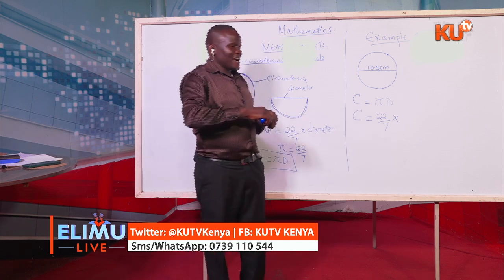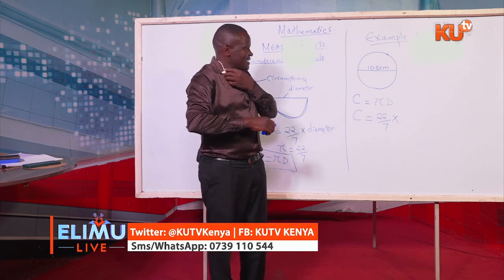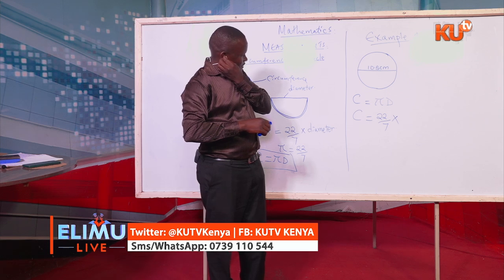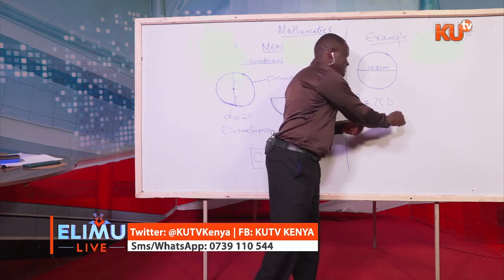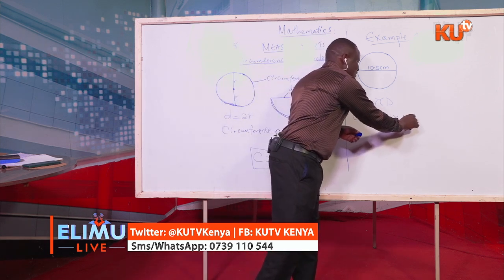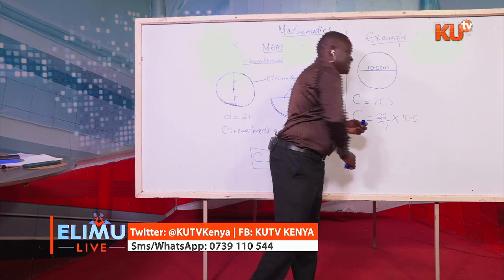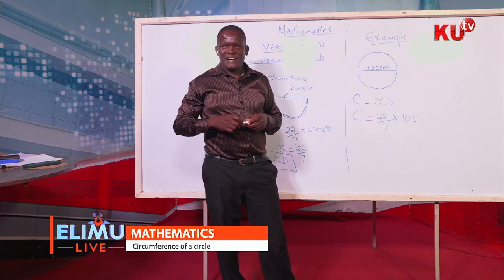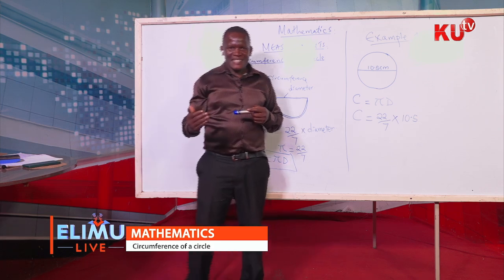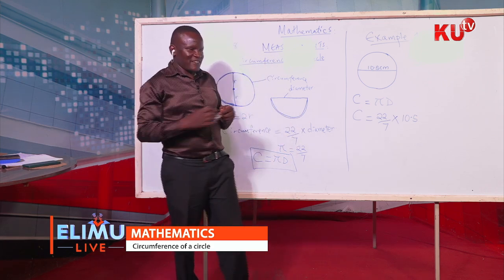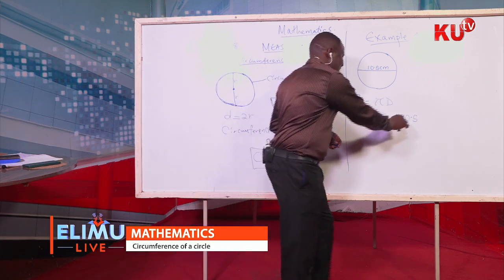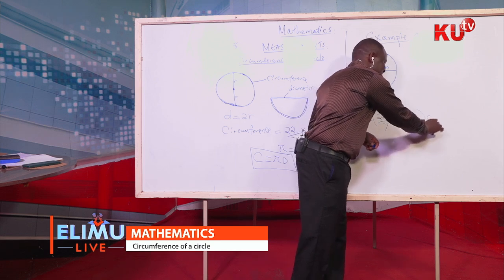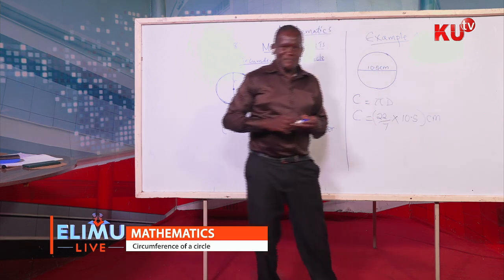In our case, our diameter is 10.5 centimeters. And being that we are working the length, the distance, which is our circumference, everything now will be in centimeters.